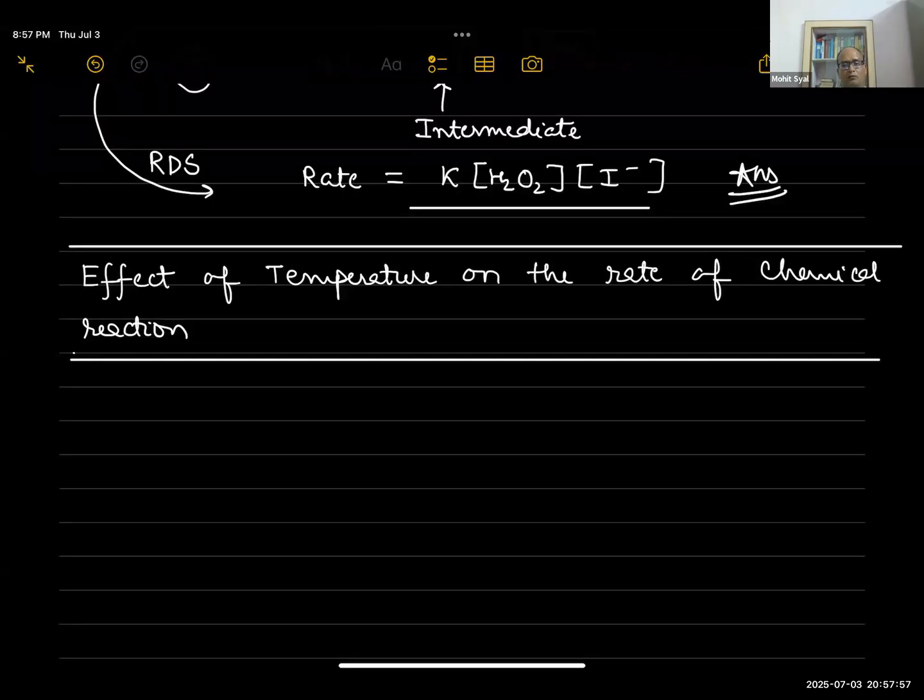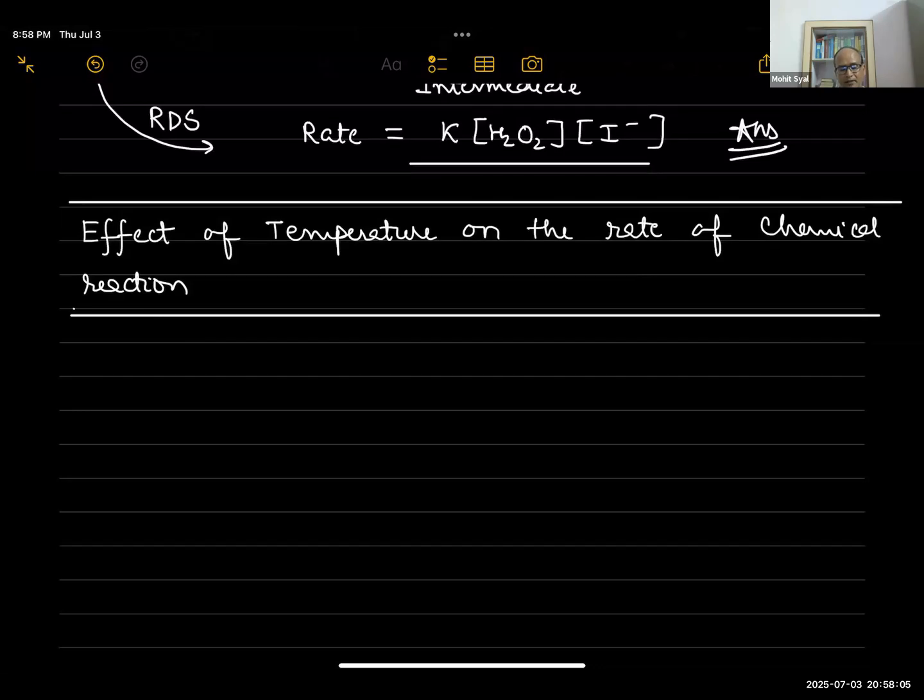So generally, what do you feel about it? If you see that the temperature is increasing, we are now moving towards the next factor which controls the rate of reaction, and that is the effect of temperature.